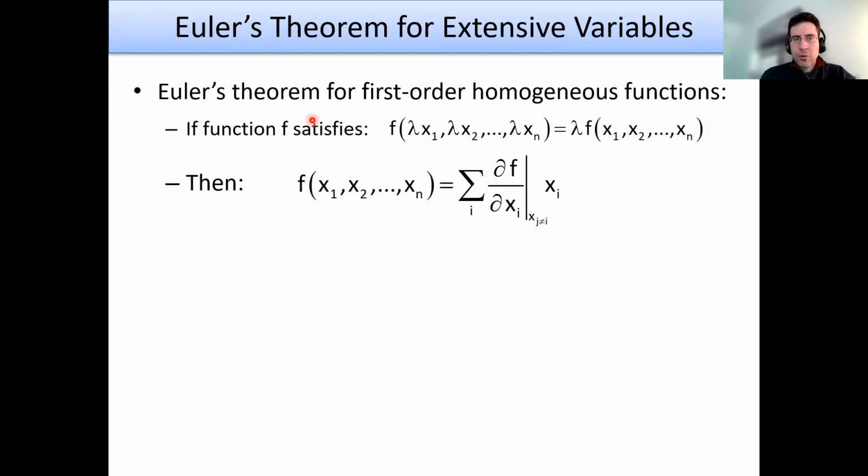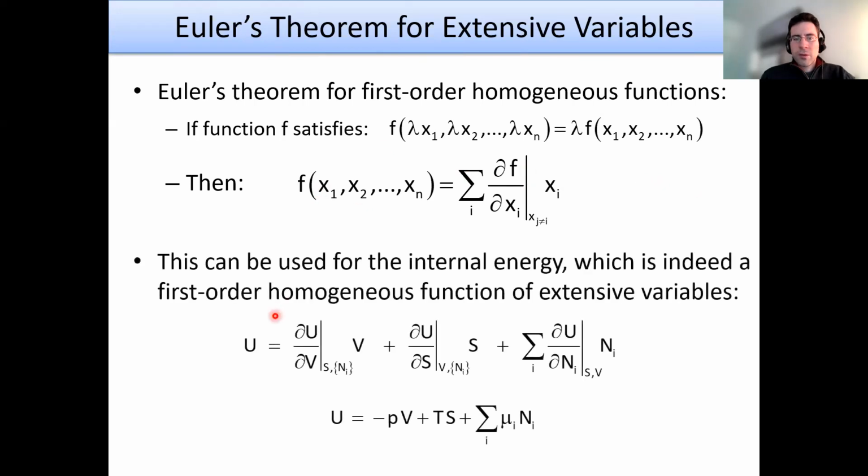And if this is true, Euler's theorem from mathematics tells us that the function can be expressed as the sum over all of these variables of these derivatives times the values of these variables. So this sum is df dx1 with everything else constant times x1 plus df dx2, everything else constant times x2, plus etc.